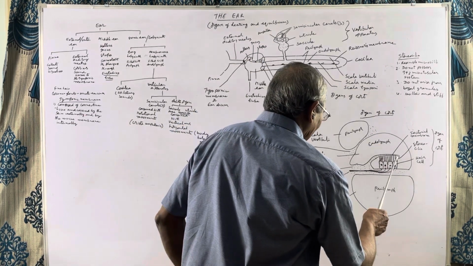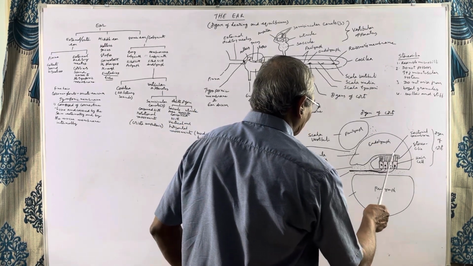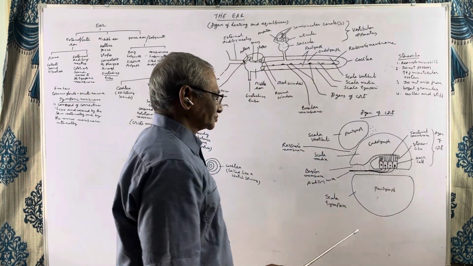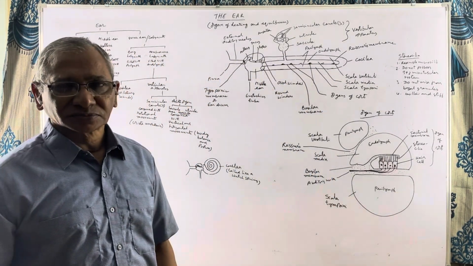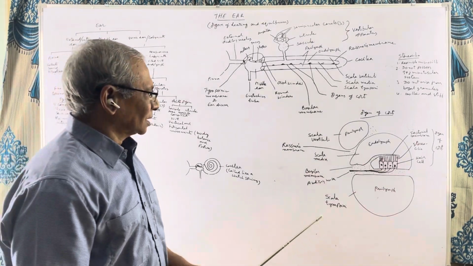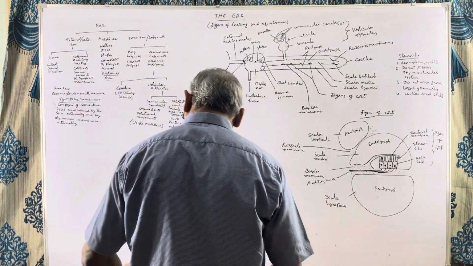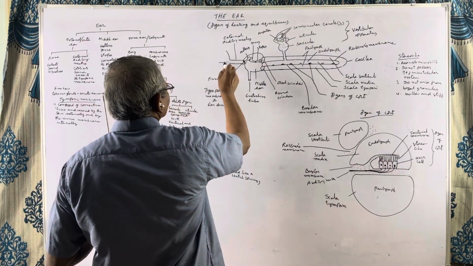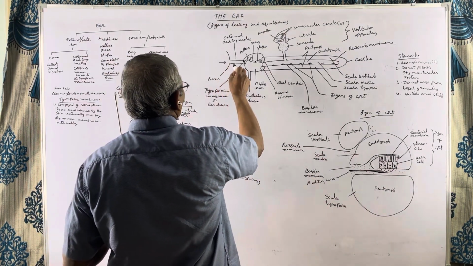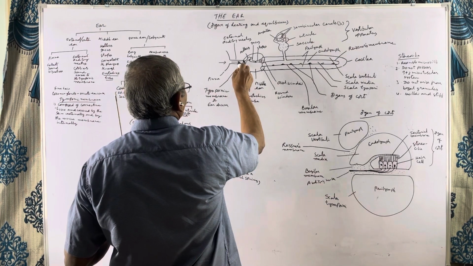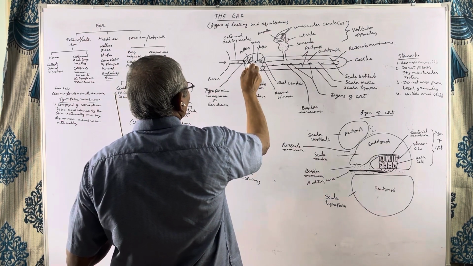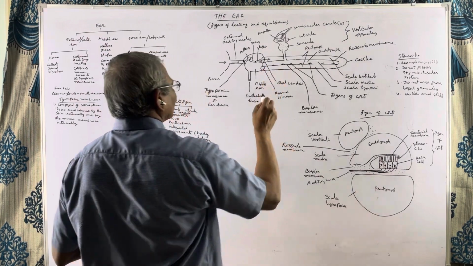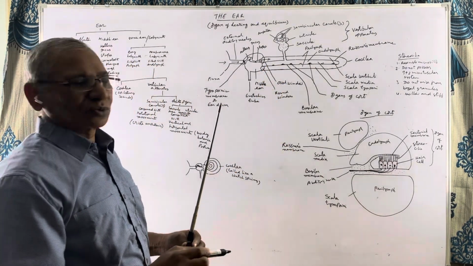Just above the stereocilia, there is a thin membrane known as tectorial membrane. This is very important. So sound waves travel like this through pinna, external auditory meatus, tympanic membrane, then bony chain, and they enter the cochlea through the oval window.